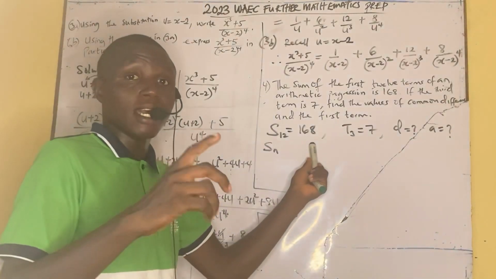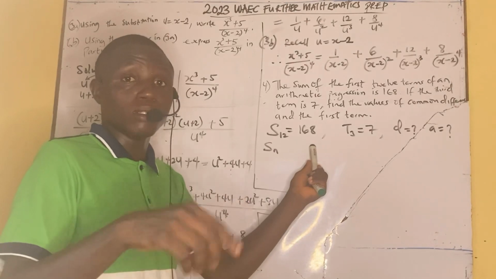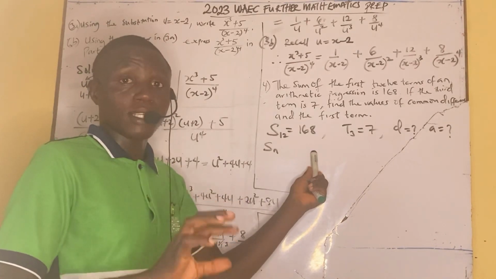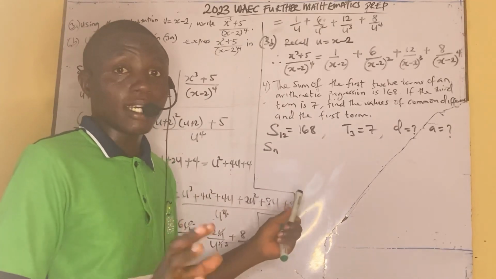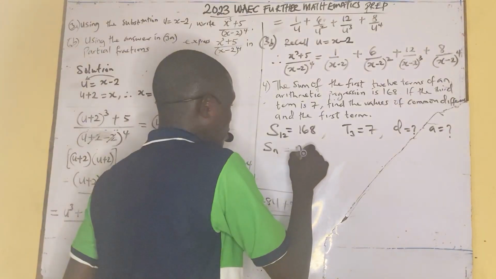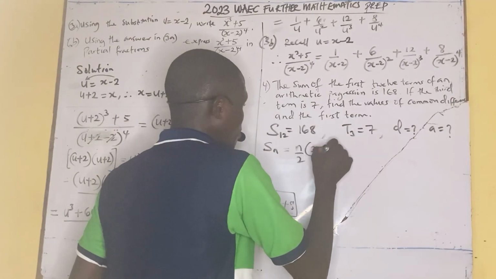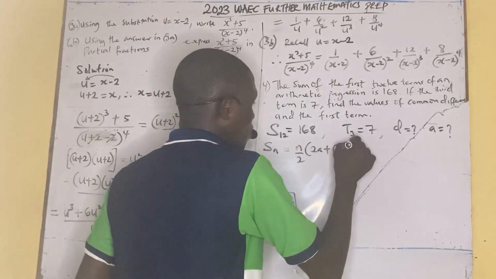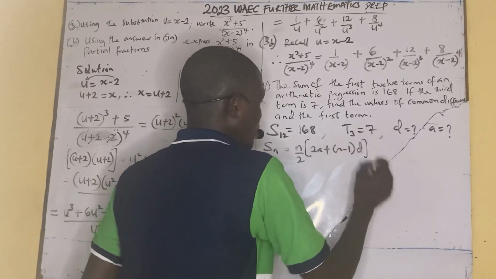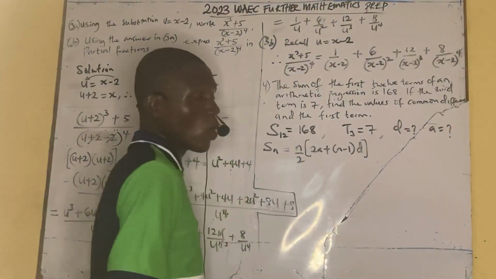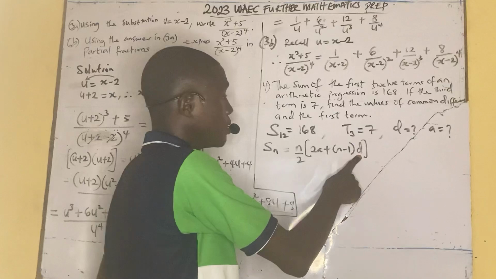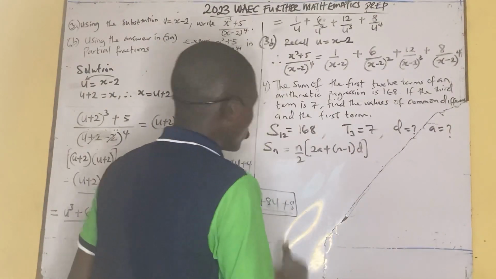Another one is Sn equal to n over 2 into bracket a plus l, that is the first term and the last term. So those are the 2 major formulas that we use in sum of terms. But what's applicable here is n over 2 into square bracket 2a plus n minus 1 d. Why? Because it involves a and the common difference.